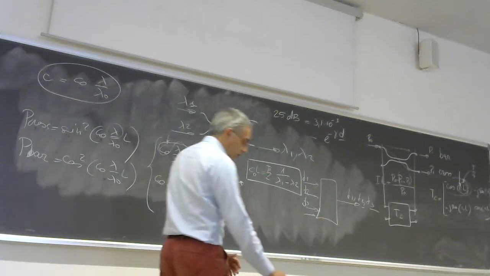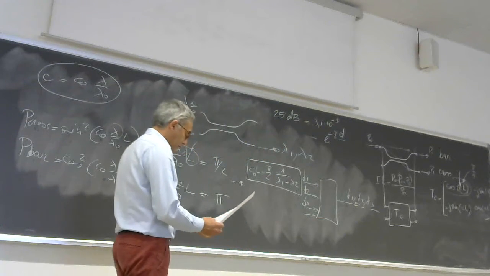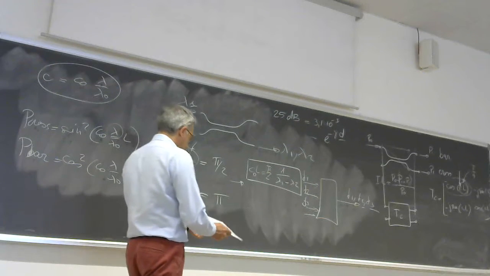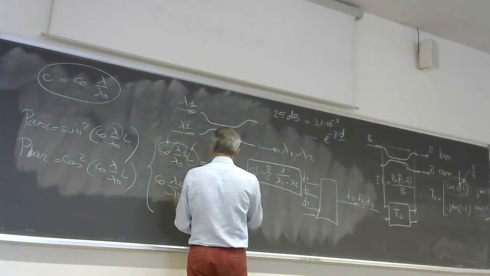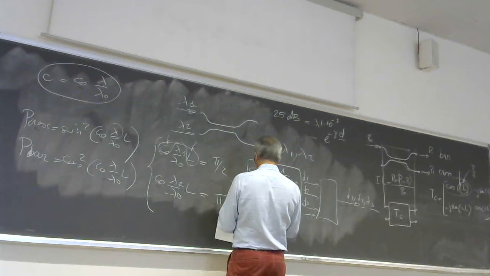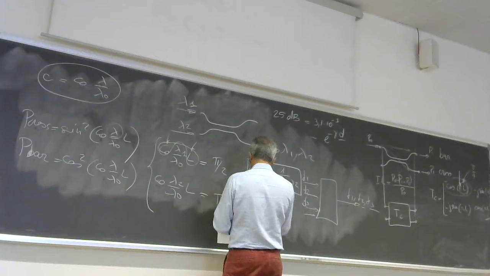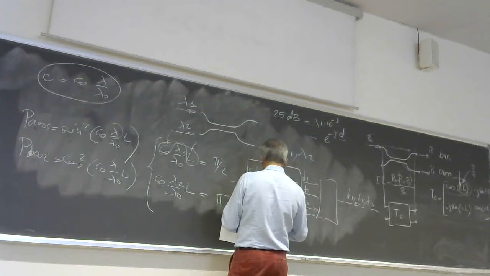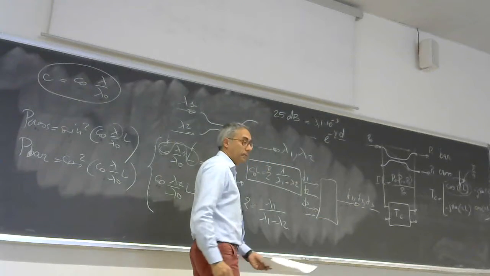But the other condition is that from this one, you find 2 equal to lambda 1 over lambda 1 minus lambda 2.